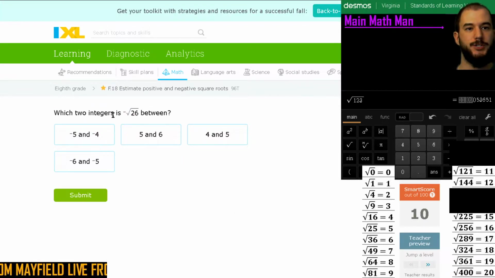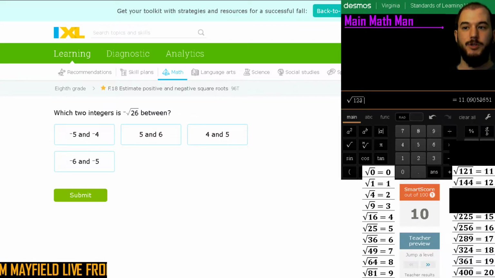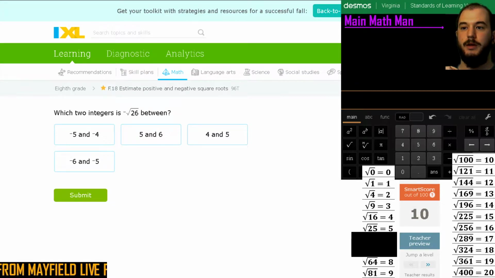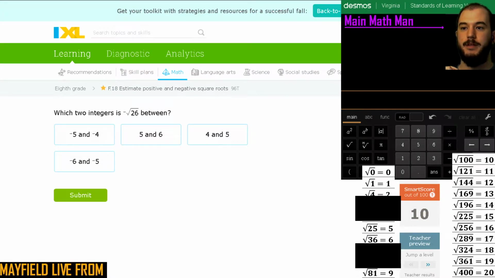So it says, which two integers does the negative square root of 26 go between? Again, make sure you're still using that list. However, you do want to make sure you're talking about negative numbers now. Let me go to 26. Well, that's going to go between 25 and 36, which is just 5 and 6.